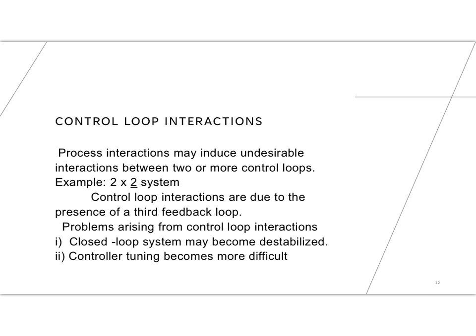We have control loop interactions due to the presence of a third feedback loop. I only showed you two loops, but there is in fact a third loop, which we'll look at in a moment. Because of these interactions, the closed loop system, once I turn the control on, may be destabilized. So I had something that was working separately but now does not work, and controller tuning is definitely more difficult.